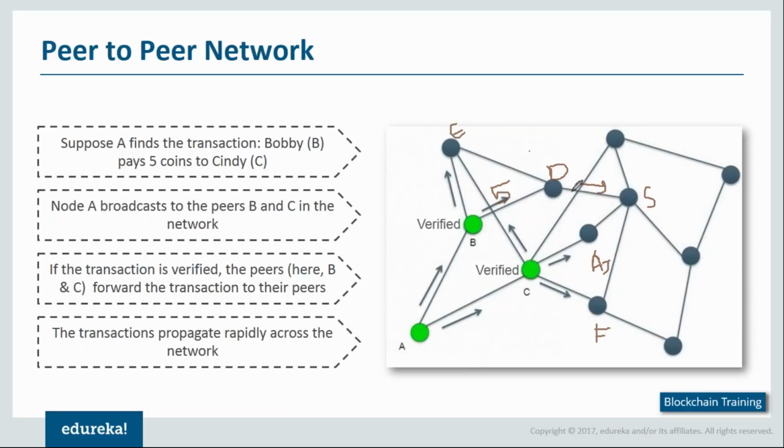When you look at the actual transmission, only Dave is the one who's got the modified transaction details. Everyone else who's part of the blockchain network has the correct details, that is, the transaction has to be between Bobby and Cindy and not anyone else. So this false transaction gets neglected and the correct transaction gets stored as part of this ledger.